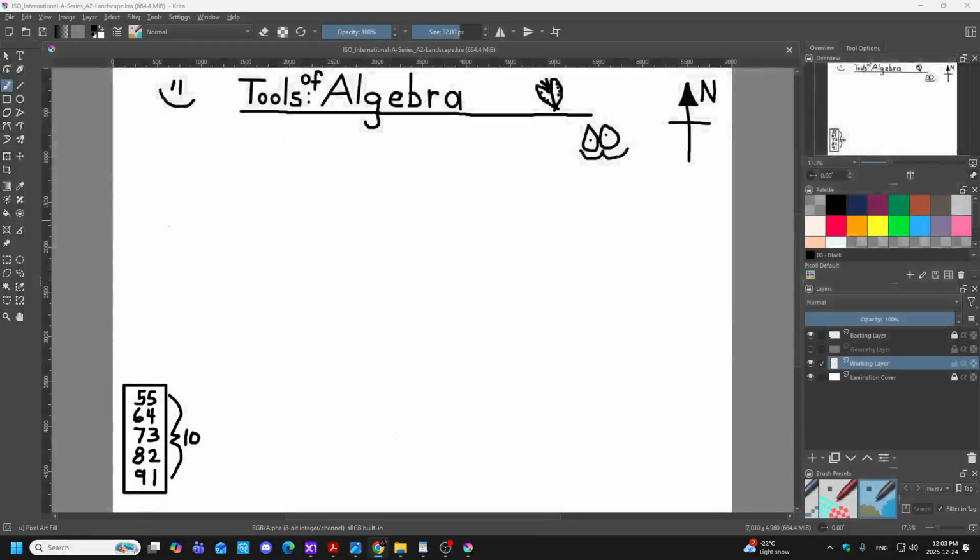Okay? The area of a triangle is equal to 1/2 base times height. Okay? That's question 23.